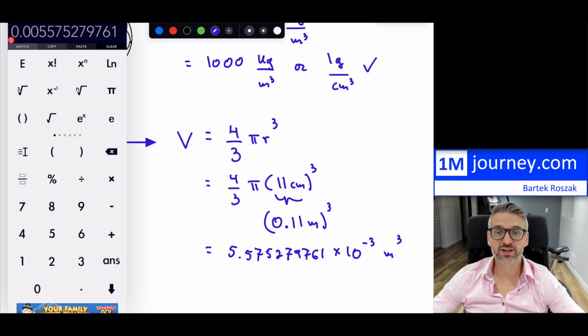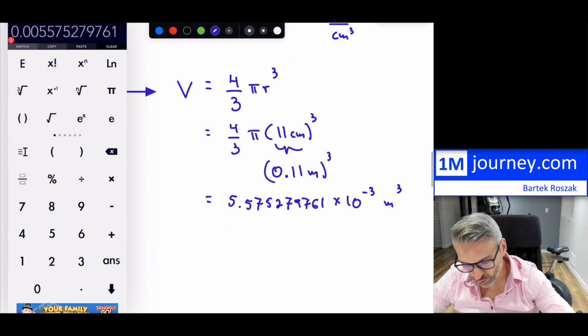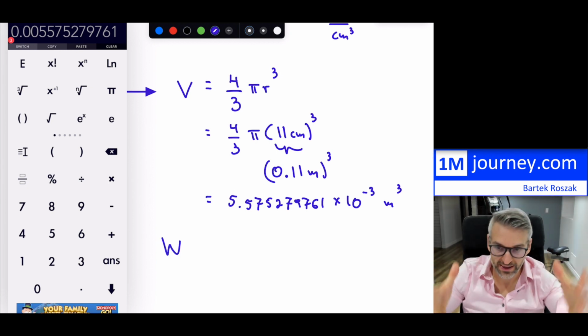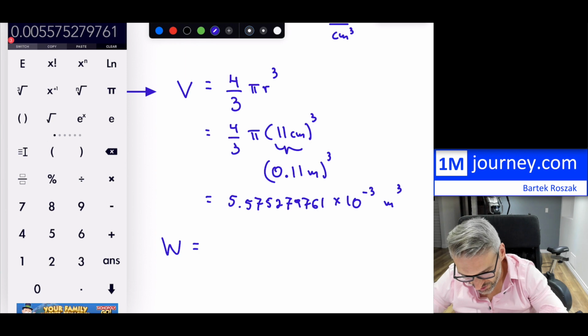So now how do I find out what the weight of the water would be within that? This would be the density of water multiplied by gravity, and then times the volume.